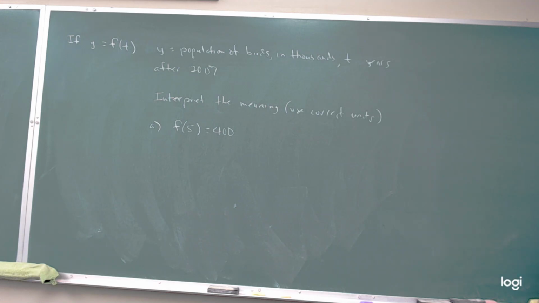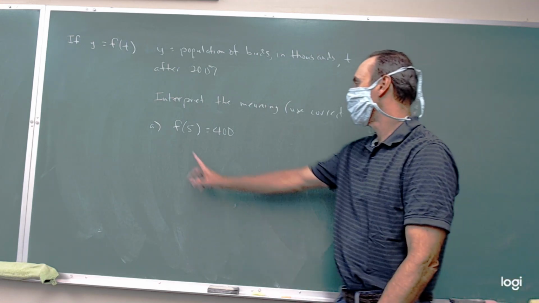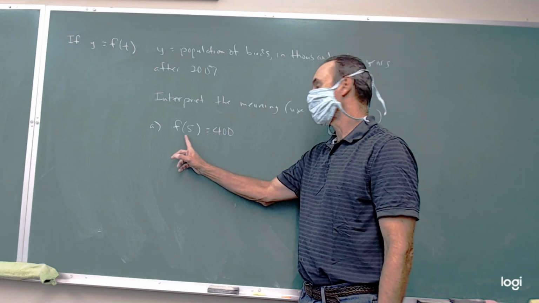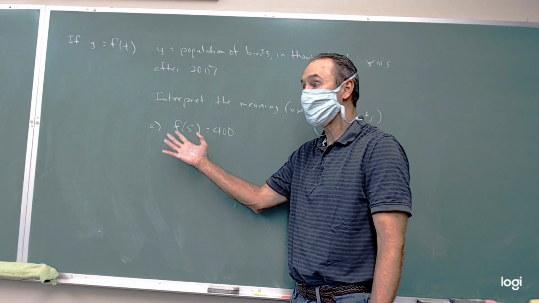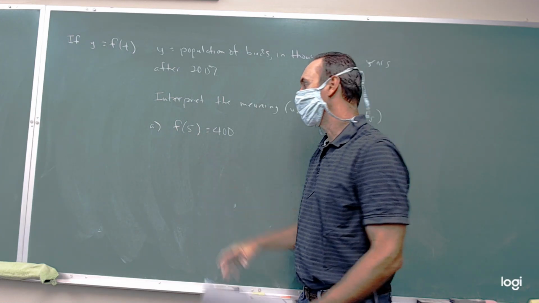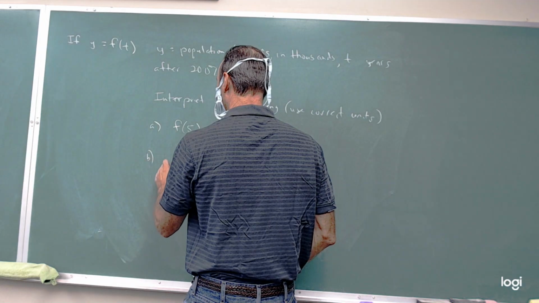Emma, what did you think? 5 years after 2007, there's 400,000 birds. Very good. And so you can say 5 years after 2007, or you could say in 2012, there are 400,000 birds. Good. So let's do something different.